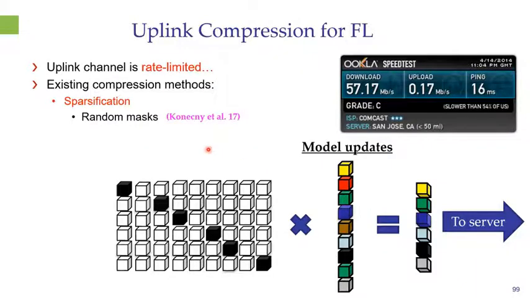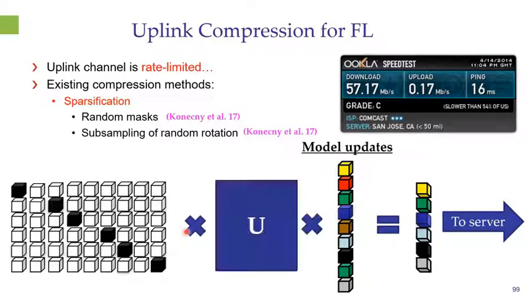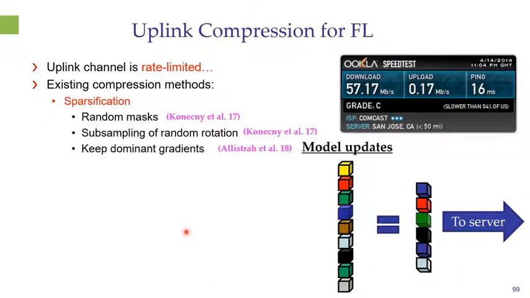This can be just selecting a random subset, like by applying some random mask. It can be a subsampling of some random rotation of the model updates, and this allows, at some level, to convey a portion of all the model updates while carrying out subsampling. This can also be carried out by simply taking the most dominant gradients, which is what's called top-K compression.